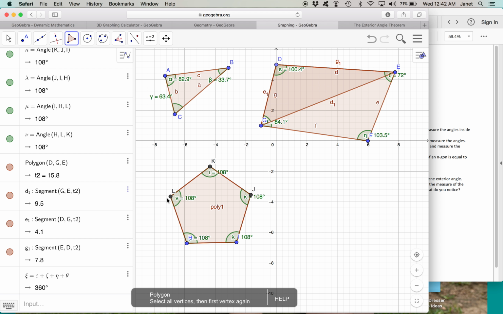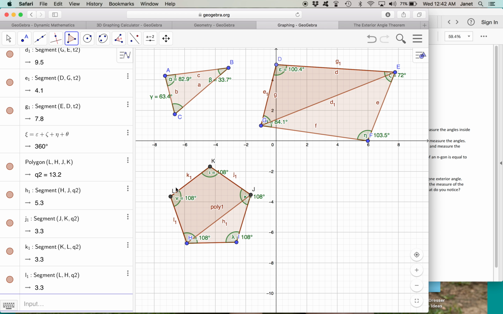So I'm going to create a polygon out of this portion of my regular pentagon. Now, this is my quadrilateral. I know that the sum of its interior angles is 360 degrees. Now, I also know that this is a triangle, and its interior angle sum is 180 degrees. Notice that these two angles here are adjacent, and their sum is going to be this 108 degrees, which is the pentagon's interior angle.